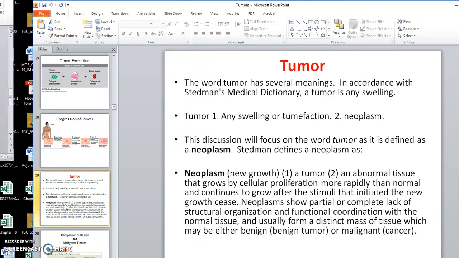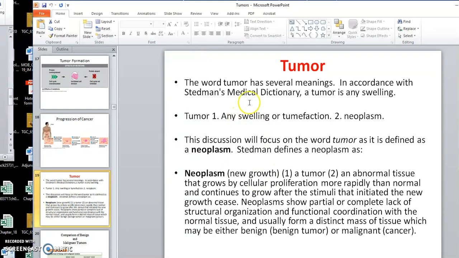What exactly is a tumor? Well, Stedman, which writes dictionaries in healthcare and science, defines it as any swelling or tumefaction, also called a neoplasm. Now that means it could be a solid swelling or cystic. Generally though, when we consider a neoplasm, new growth, it's generally solid most of the time.